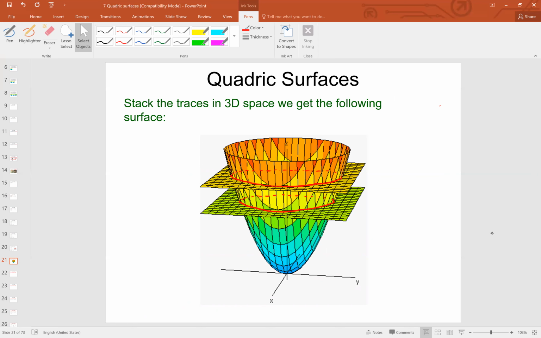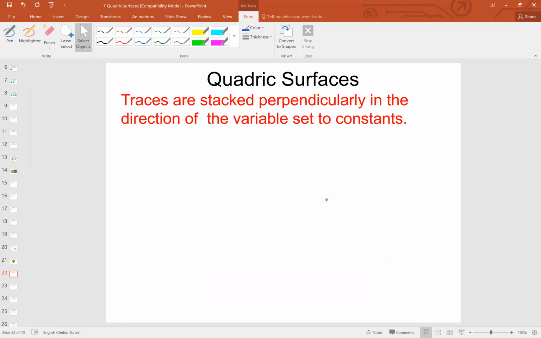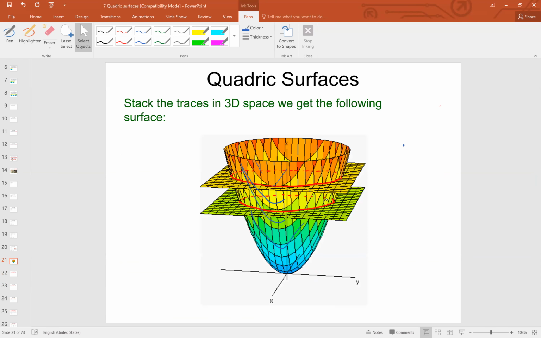The official name is not that important. You can look it up in the books: paraboloids. And those are the traces which we calculate. Notice on this computer-generated graph, we have these parabolic traces. Those are the traces from setting x equal to a number. For instance, this slice is the intersection between x equal to something and the surface.